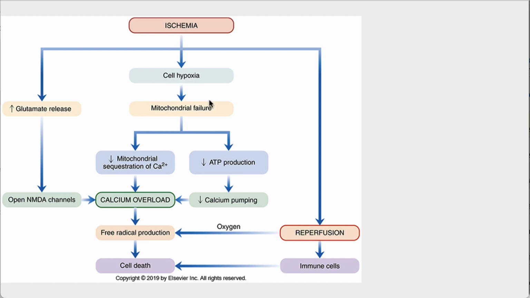There may be all these things that happen temporarily, but then when blood flow is restored, then we get immune cells coming in, and they may evaluate the scene and determine that those cells that were ischemic for so long need to be eliminated, and that leads to cellular death sometimes as well. Okay?